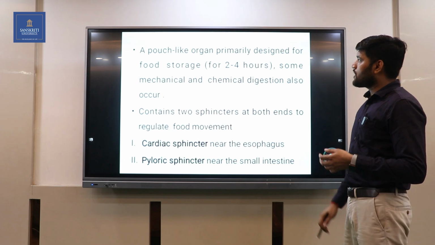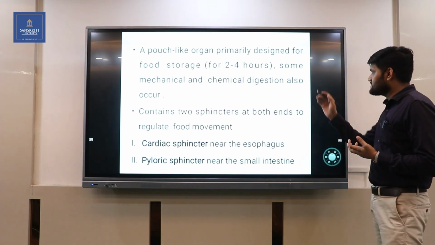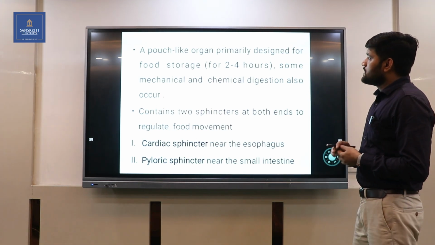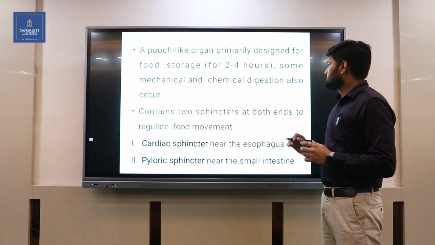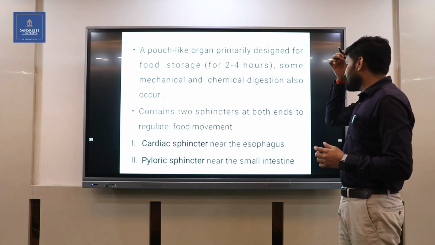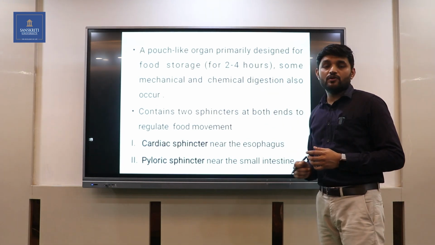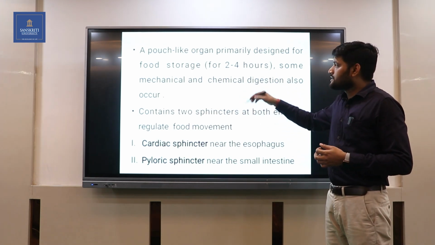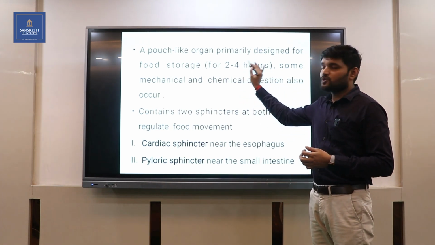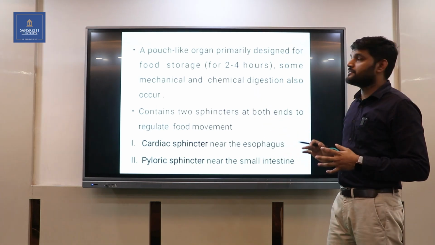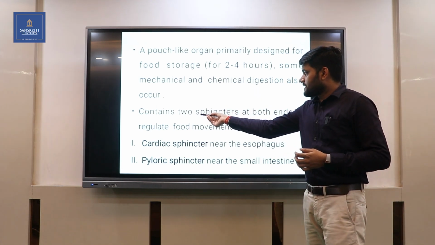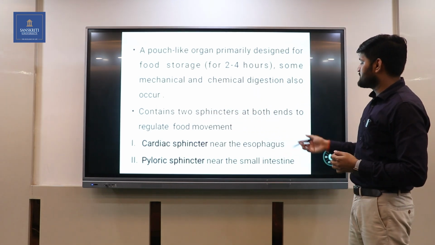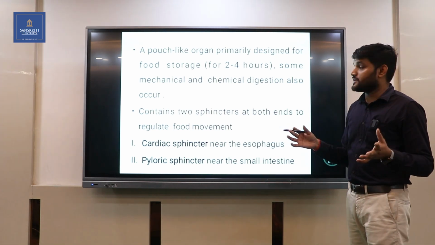It is a pouch-like organ that primarily digests food for 2 to 4 hours. Some mechanical and chemical digestion also occur. So when food enters the stomach, it takes 2 to 4 hours minimally. It contains two sphincters at both ends of the stomach.